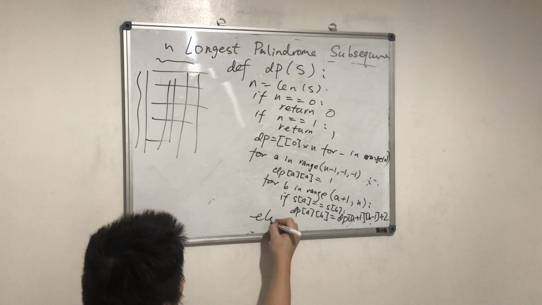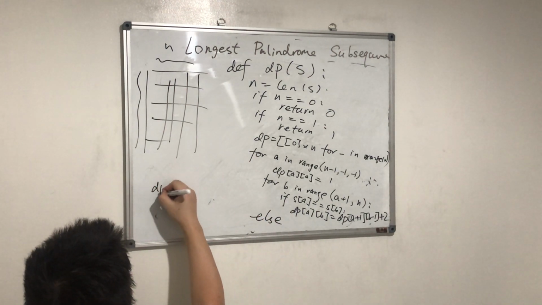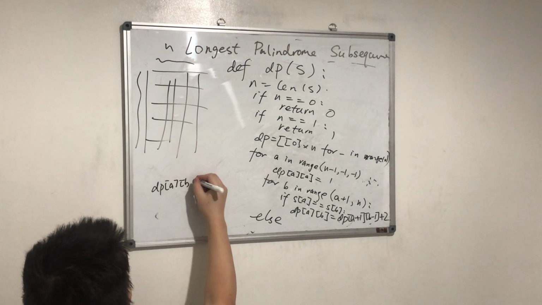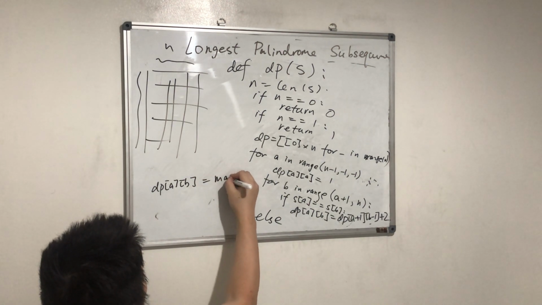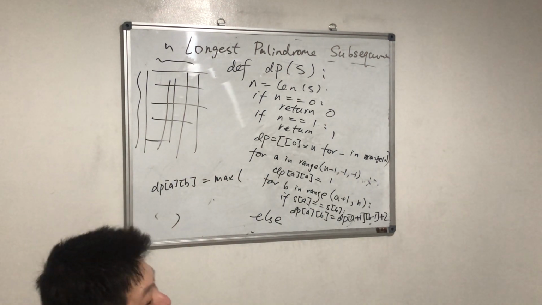If it's not equal, then dp[A][B] equals the maximum of what?